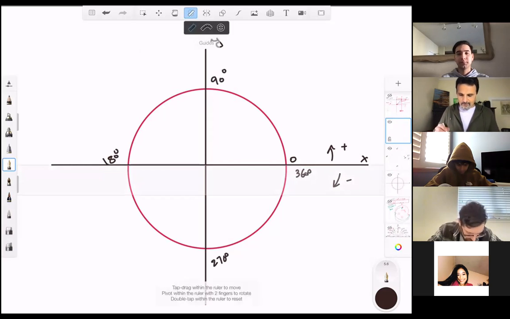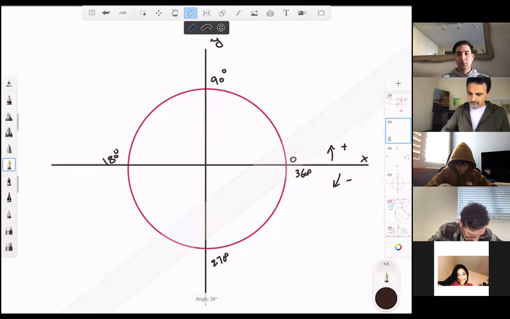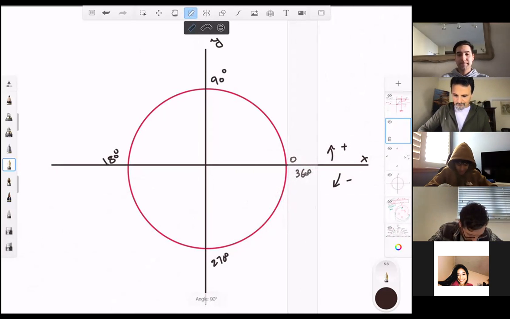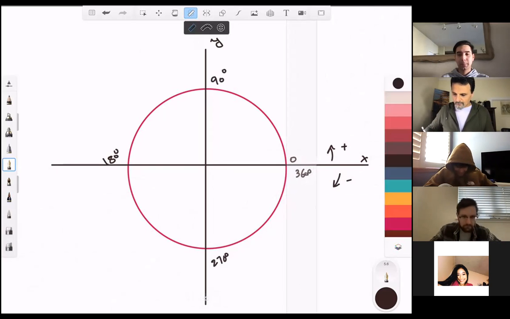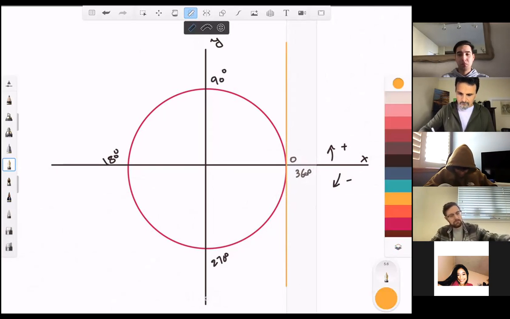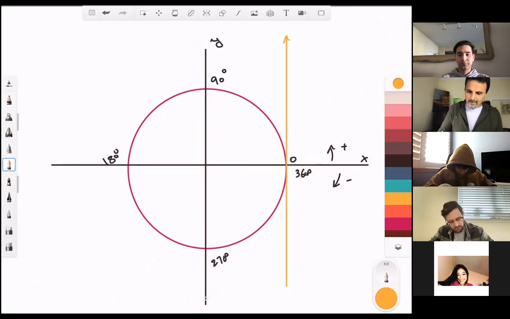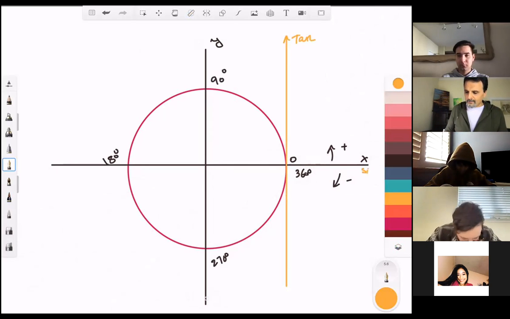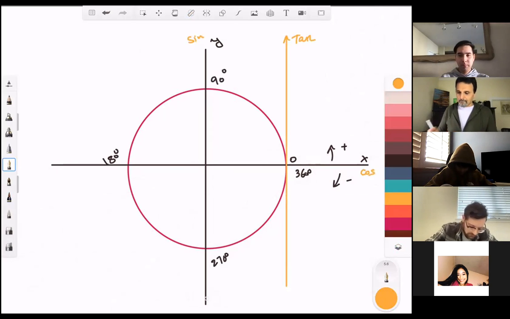Tangent line is a line. This is a tangent line. So this is tangent. X was cosine and y was sine, correct?